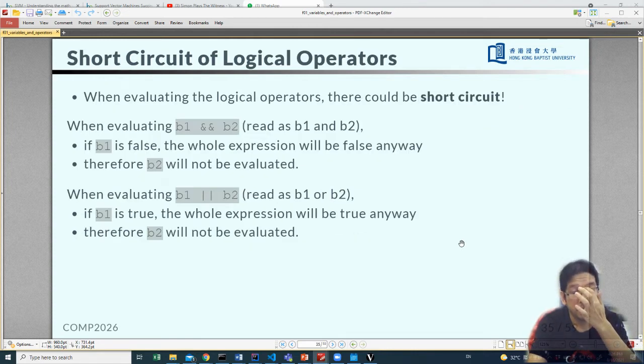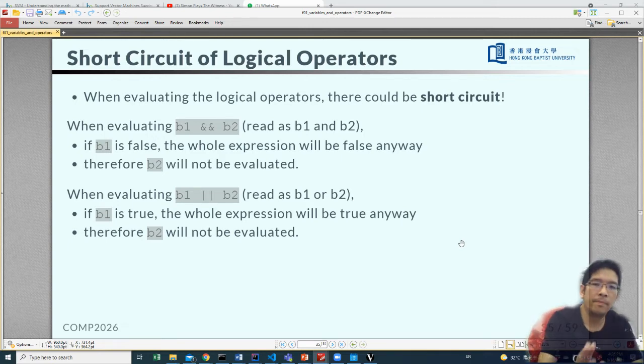Now, if you still remember the expression we have just explained, B1 AND B2 relies on both variables being true. If we already know B1 is false, we don't need to check B2 anymore, because no matter whether B2 is true or false, as long as B1 is false, the entire expression will be false anyway.